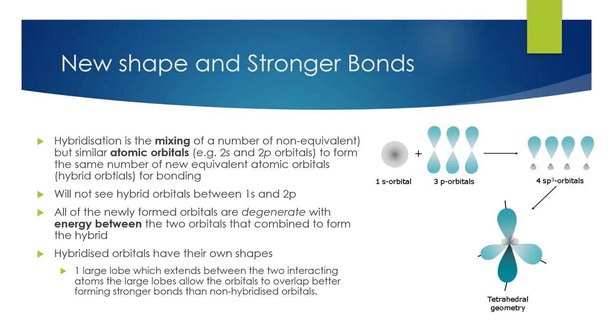We don't see hybrid orbitals forming between 1s and 2p. When we have newly formed orbitals, we say that they are degenerate. This means that the energy is between the two orbitals that were combined, but they're all the same.